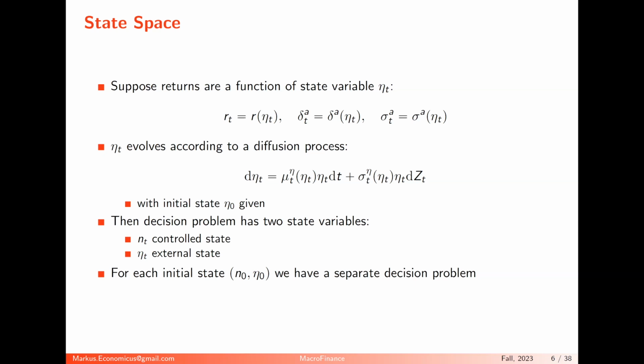Later on, this will also be endogenous, affected by everybody together. And for each initial state, starting out with a certain initial wealth and a certain eta 0, we have a separate decision problem to solve. So that's the situation today.